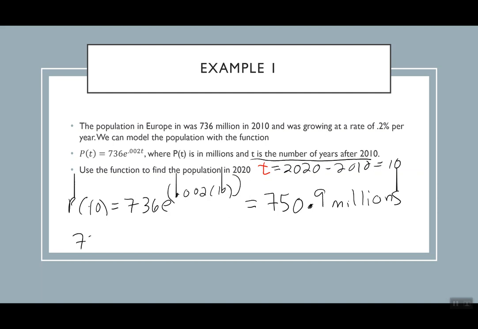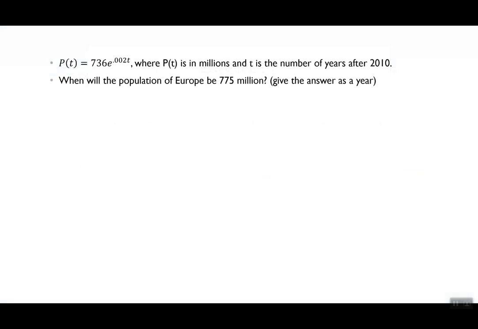If you put it in and hit e, it should have maybe an up arrow if yours doesn't go up to the exponent, and then you would want parentheses around the 0.002 and the 10 to make sure you're getting the 750.9 million. So an easy first example just to introduce the word problems.